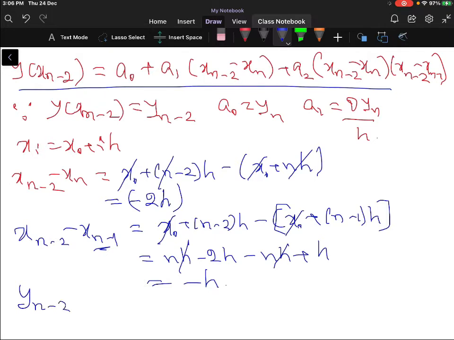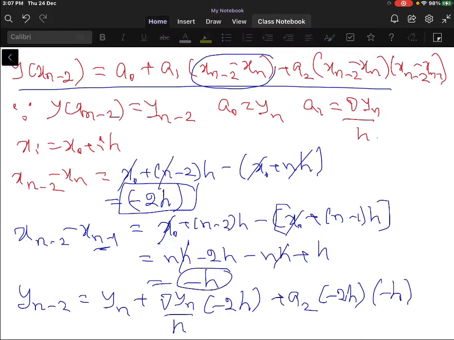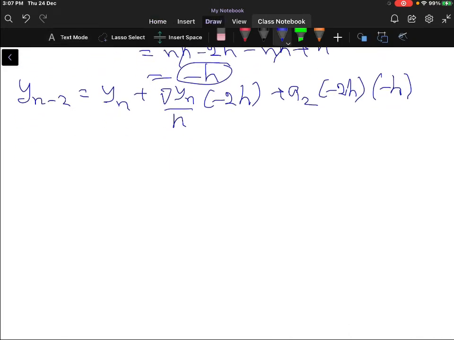So therefore, this equation becomes y of xn minus 2, which is yn minus 2, is equal to a naught, which is yn, plus a1, which is nabla yn by h, into (xn minus 2 minus xn, which is minus 2h), plus a2 into (minus 2h) into (minus h).